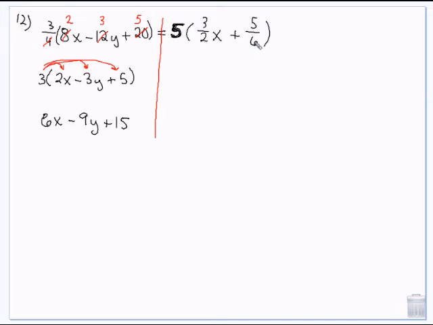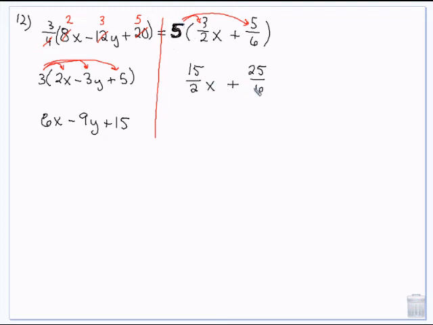And I see that 2 does not go into 5 and 6 does not go into 5. Okay, so I'm not going to be able to reduce those. So all I'm going to do is I'm going to multiply 5 times 3 and times 5. And so I'm going to get 15 over 2x and 25 over 6. And that's because I changed this to a 5 instead of leaving it the 6 that was on there.